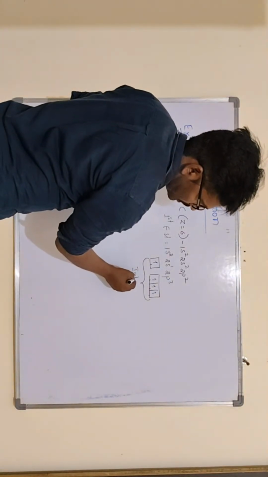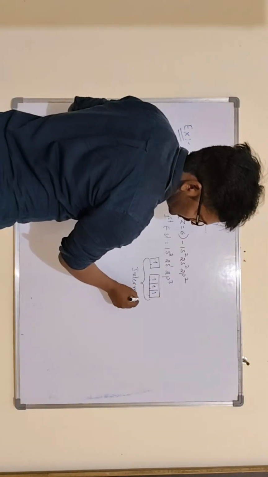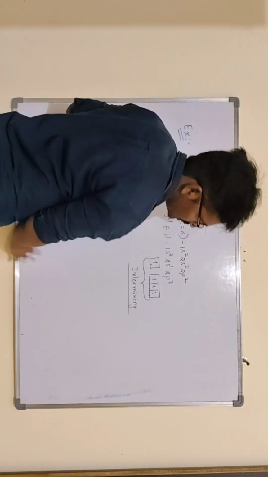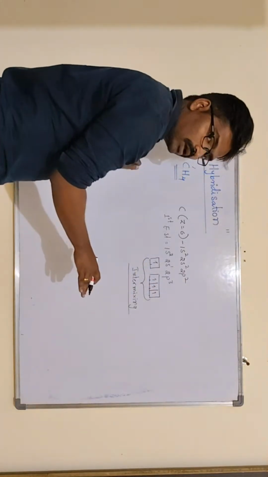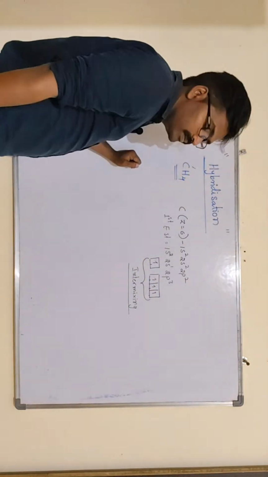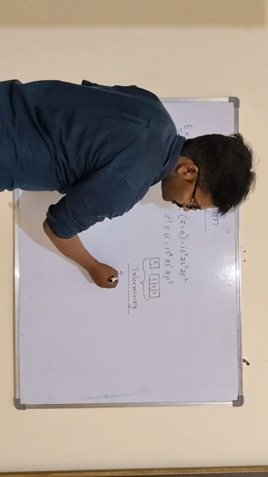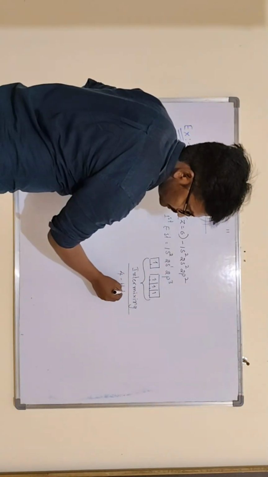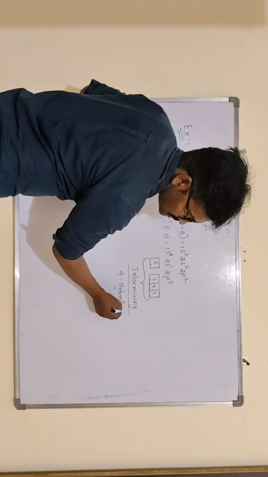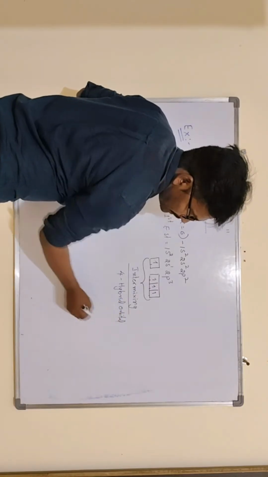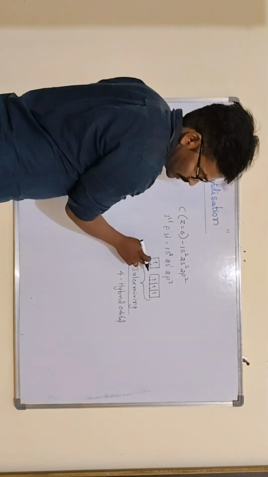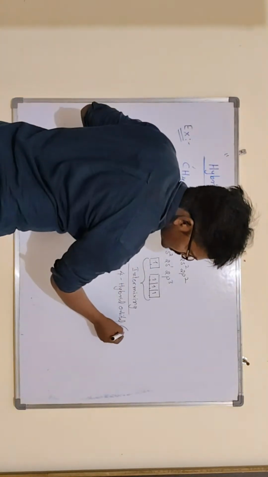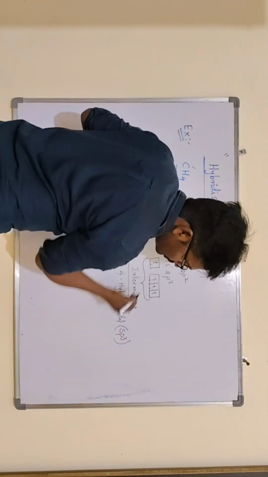The same number of hybrid orbitals will be produced, so 4 hybrid orbitals are produced. These hybrid orbitals are named sp3. So sp3 hybrid orbitals will be produced.